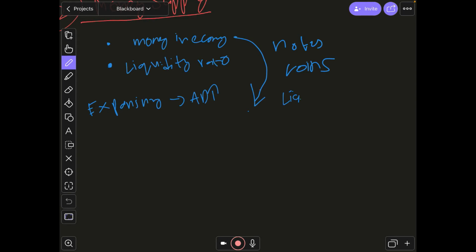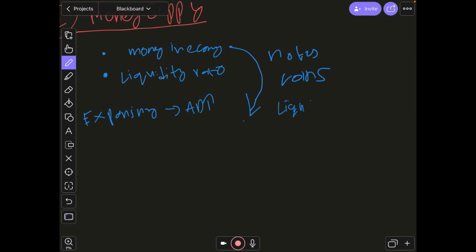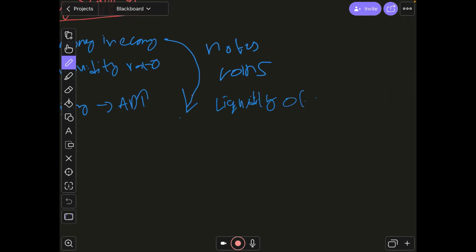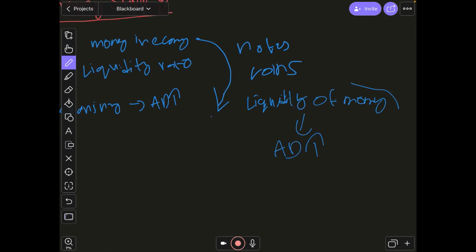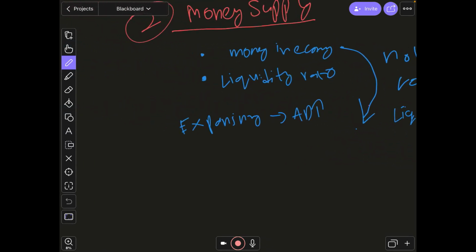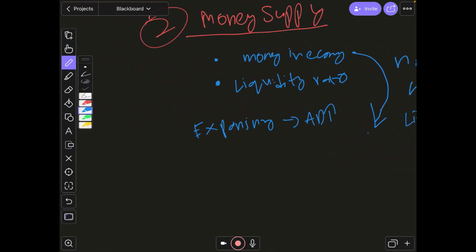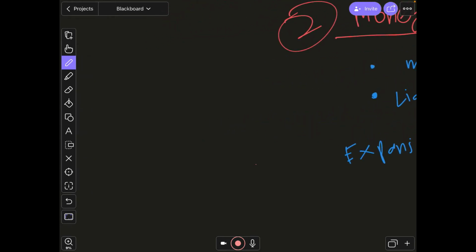If there is more money within the economy, then obviously people will buy more, right? More liquidity of money within the economy, and so aggregate demand just goes up. At the same time, there is another thing, liquidity ratio. So this ratio is set by the government or the central bank for all the commercial banks.